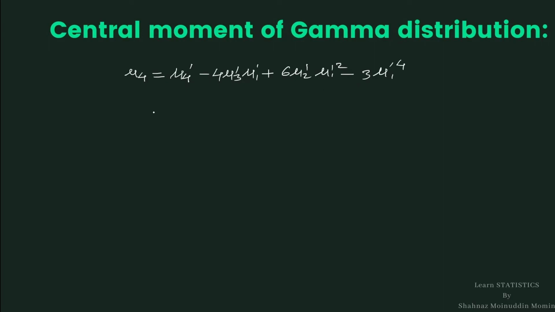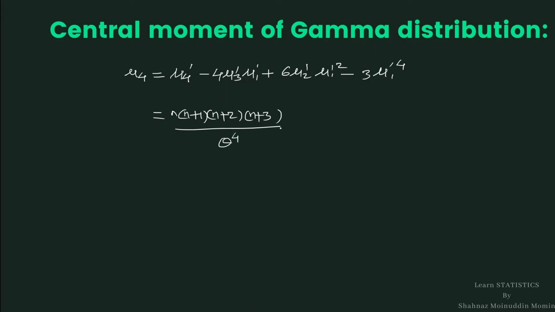By substituting all the values of raw moments from the previous lecture, we will get n into n plus 1, n plus 2, n plus 3 divided by theta raised to 4.